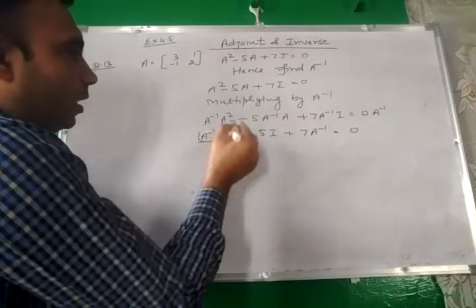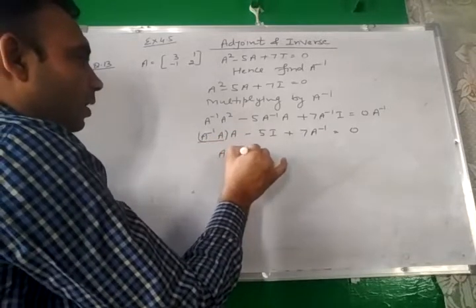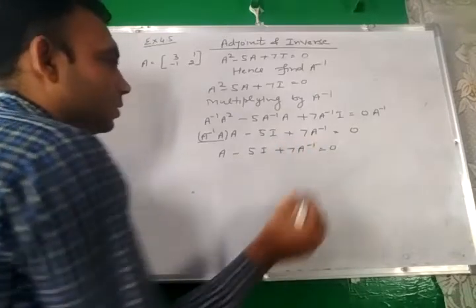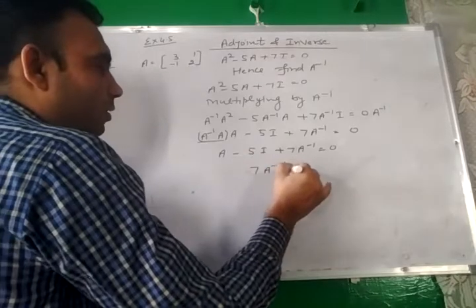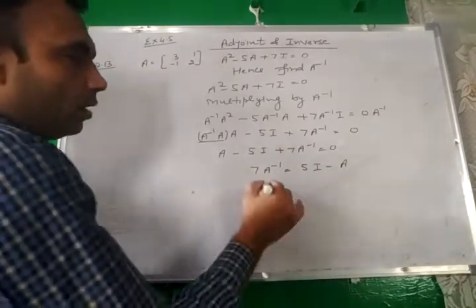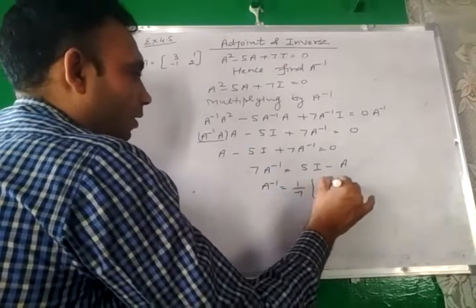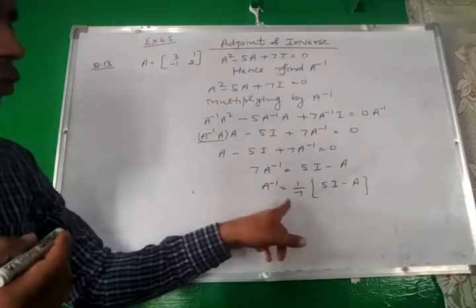Again here A inverse I or IA implies A minus 5I plus 7A inverse is equal to 0 or 7A inverse is equal to 5I minus A, और A inverse is equal to 1 upon 7 (5I minus A). So we will use this result.